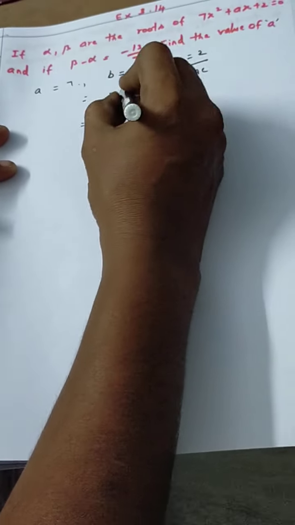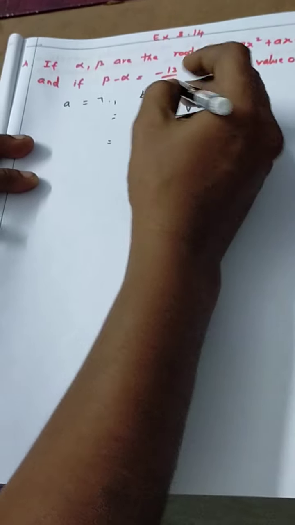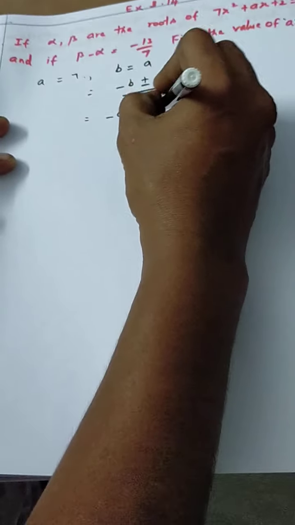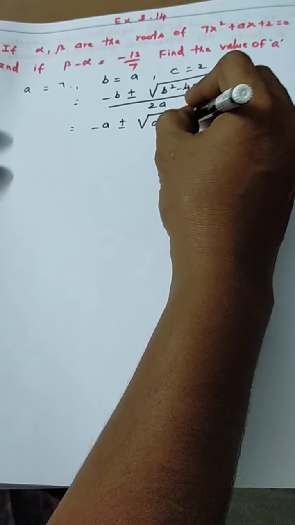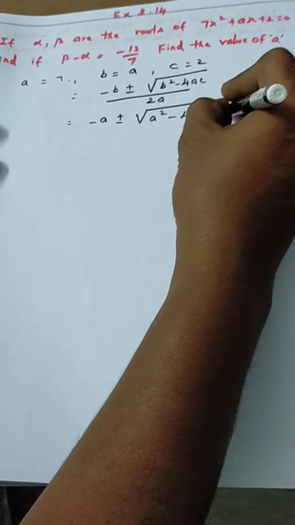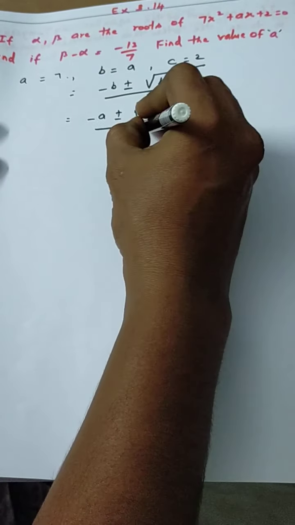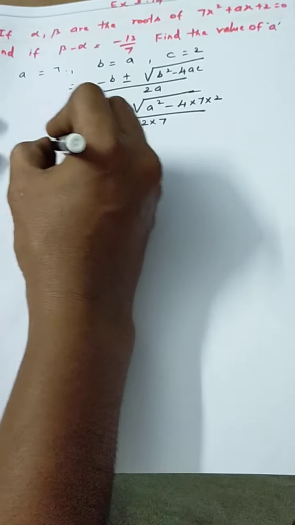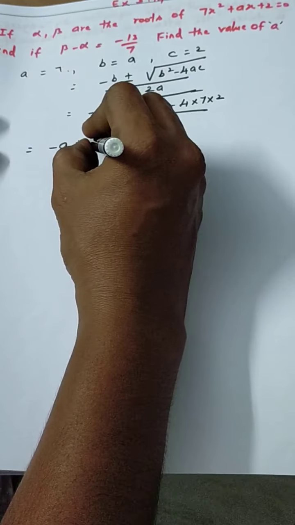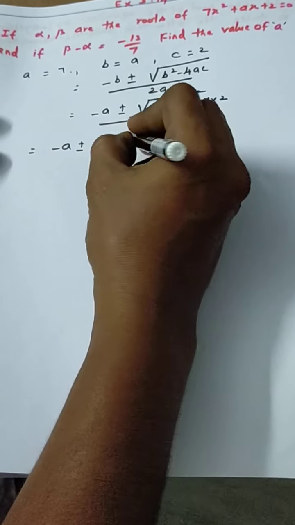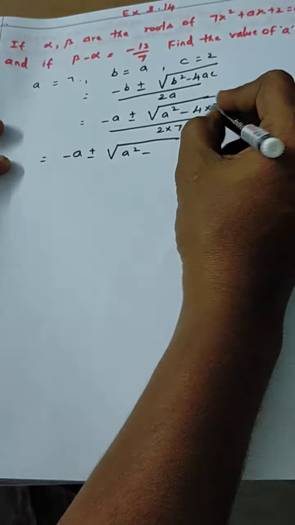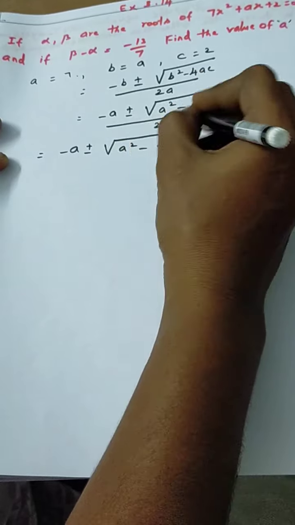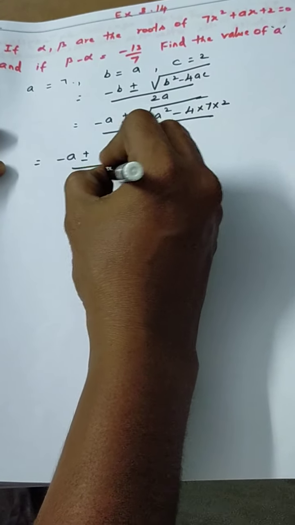Apply the values: minus b is minus a, plus or minus root of a square minus 4 into 7 into 2, divided by 2 into 7. So minus a plus or minus root of a square minus 56, divided by 14.